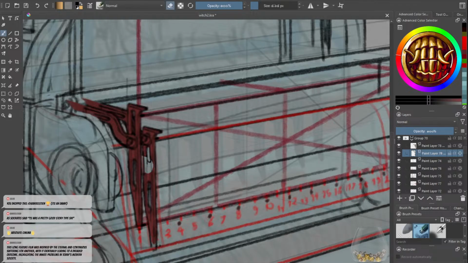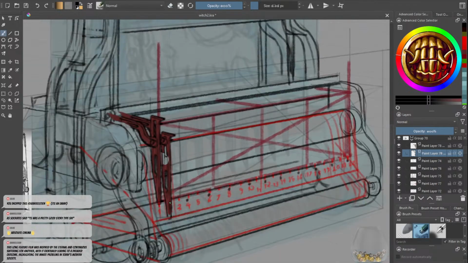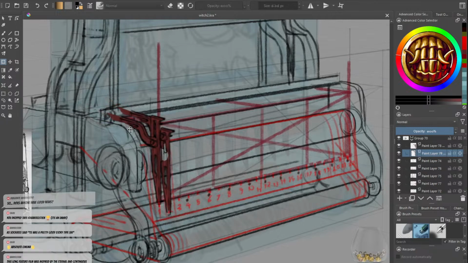Now the issue is I actually also have to move it inwards. So how far can this thing move inwards? As soon as it moves too far inwards, it suddenly looks bad.